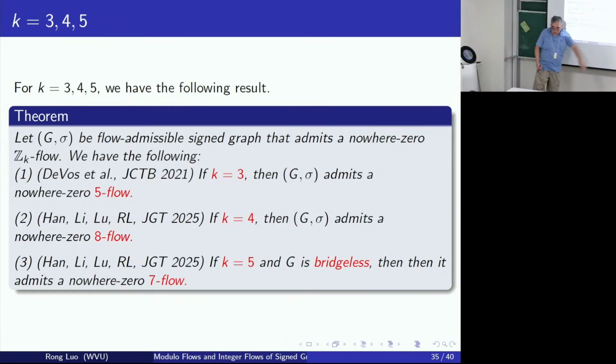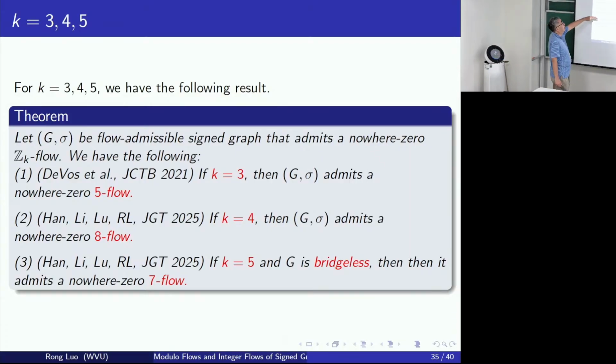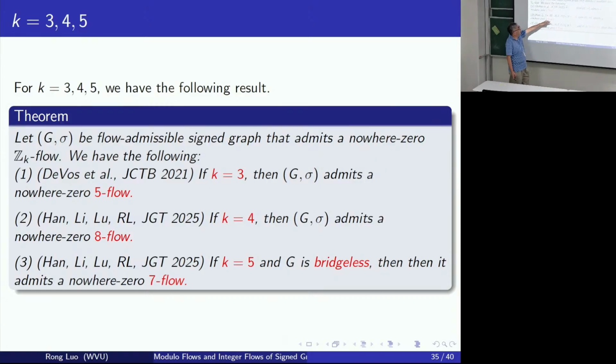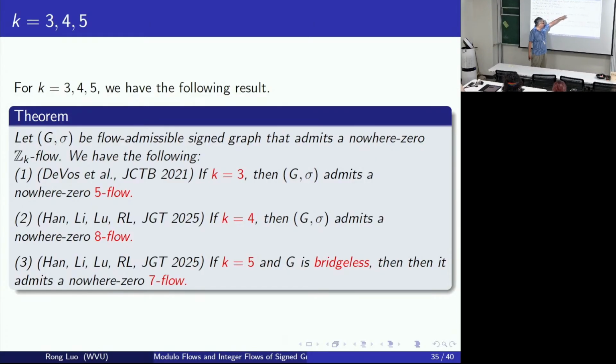Because we were stuck on this problem for quite a long time. For the other integers, we know that Zk flow implies 2k flow by the divisor theorem, which is not that difficult to prove. So it's natural to ask about the even integer k.